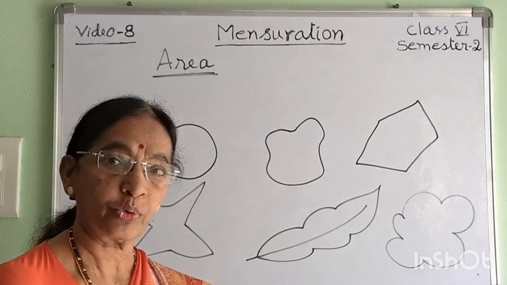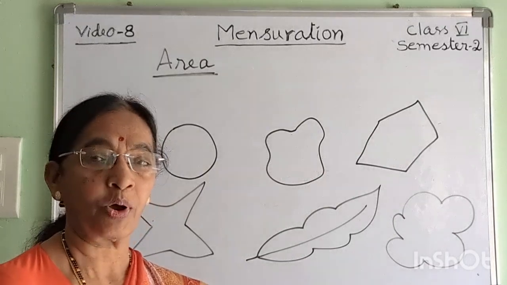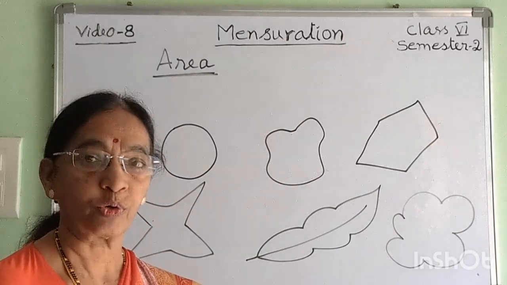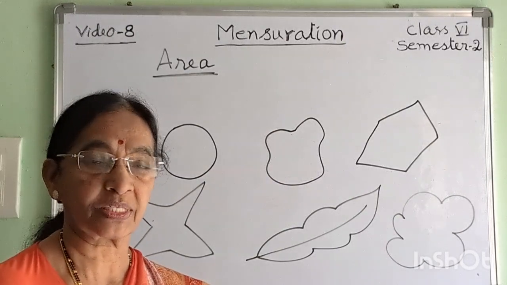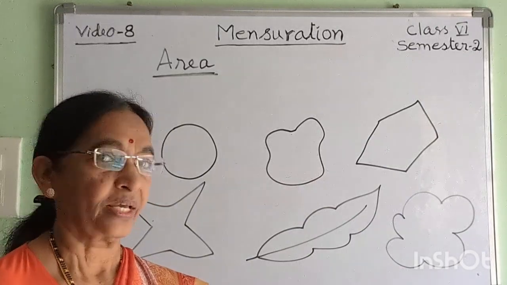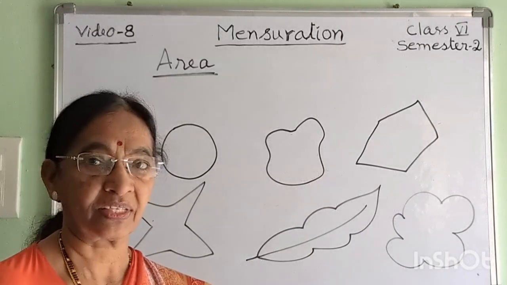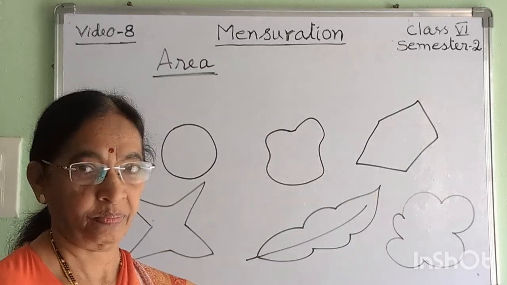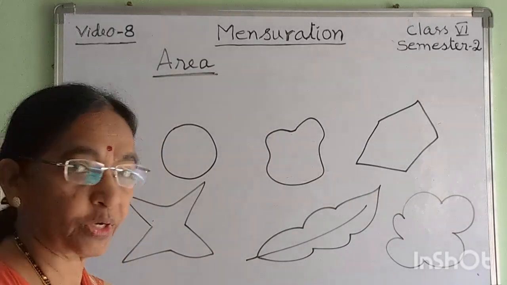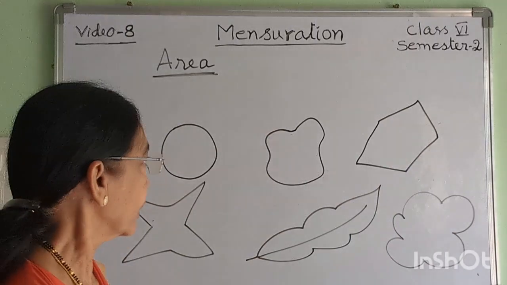So we have to place them on a grid paper or graph paper, on which square centimeters or square millimeters or square inches are drawn. So we will see that graph paper also.